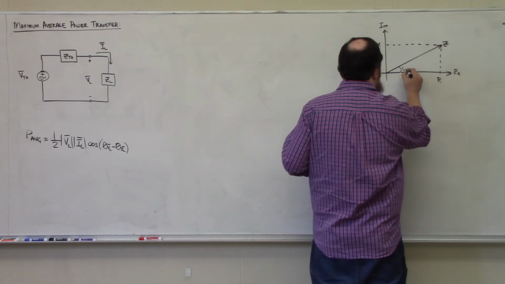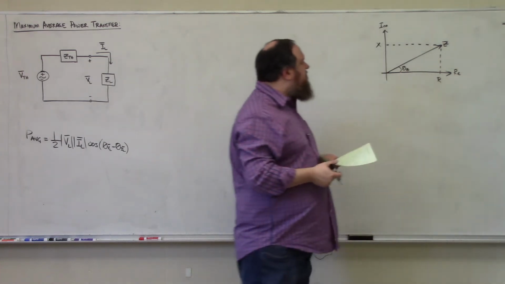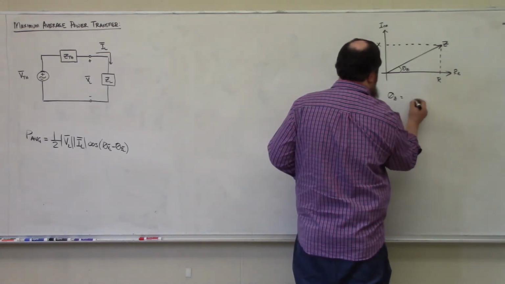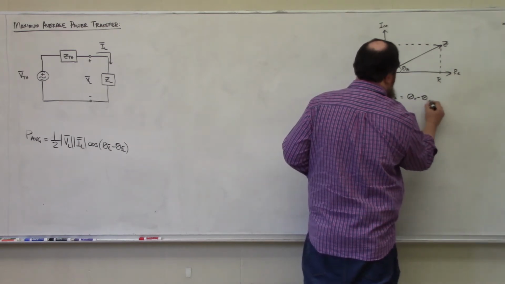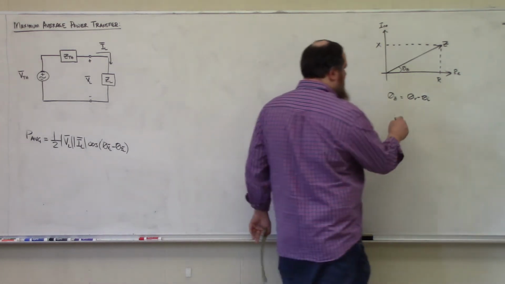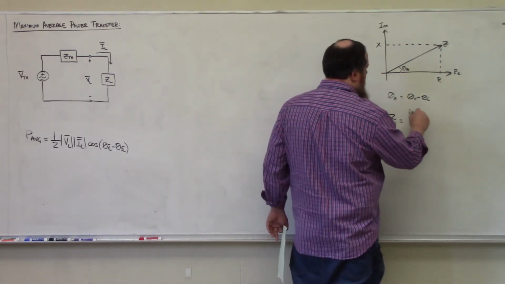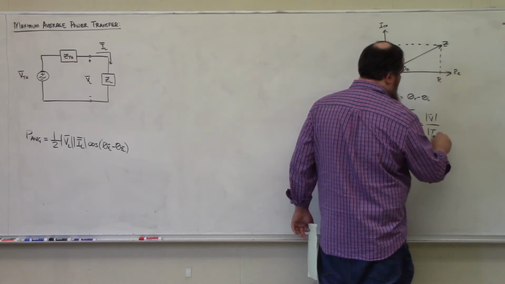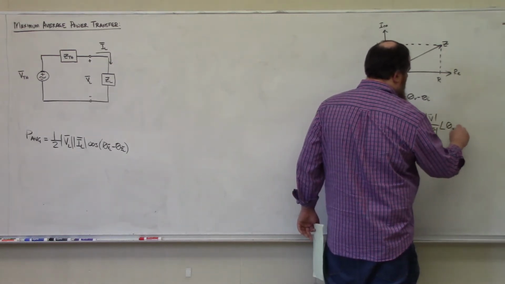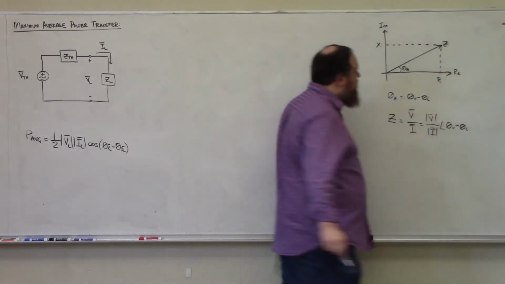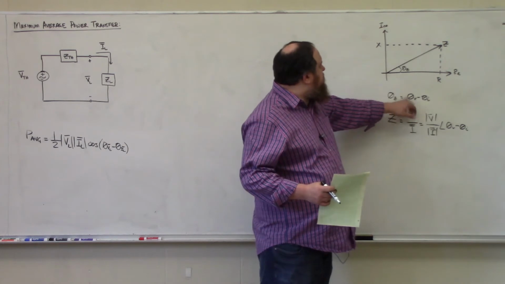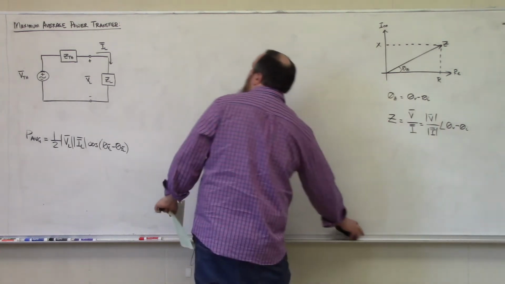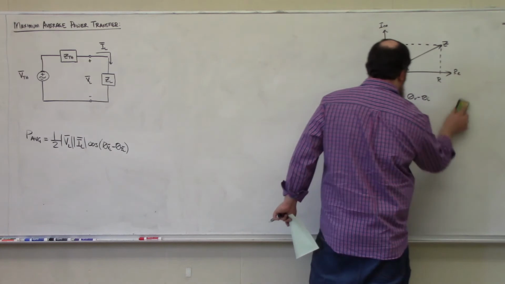We have some angle, theta Z. And what's important to realize here is that theta Z is simply theta V minus theta I, because by definition, impedance is the ratio of the phasor voltage to the phasor current, which is the magnitude of the voltage divided by the magnitude of the current with an angle of theta V minus theta I. So we're going to be using this relationship in a bit, and we're going to be using this form throughout to help us determine how to maximize the average power absorbed by a particular load.